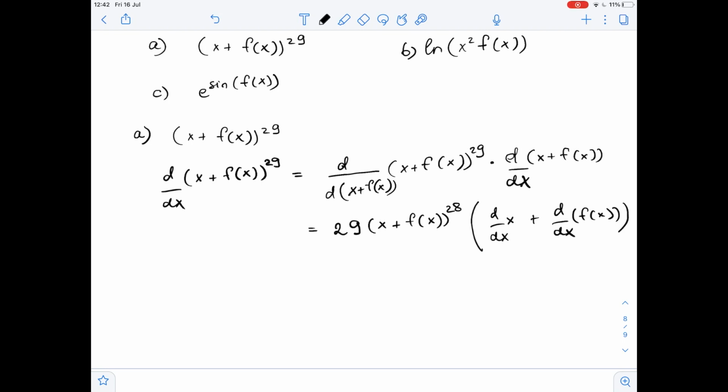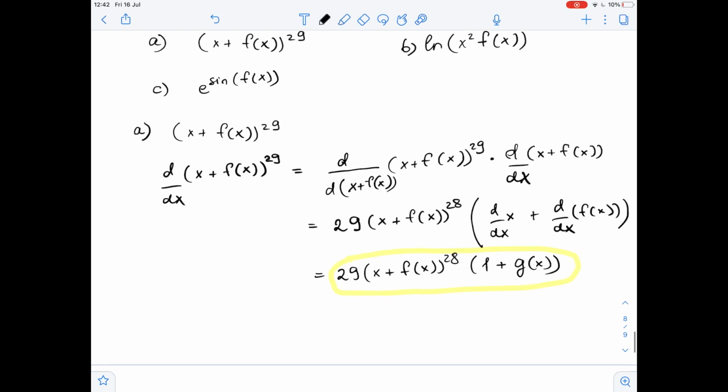And this equals 29 times x plus f of x to the 28th power times 1 plus, so we know that the derivative of f of x with respect to x is g of x, so it's plus g of x here. So this is our final answer in part A.